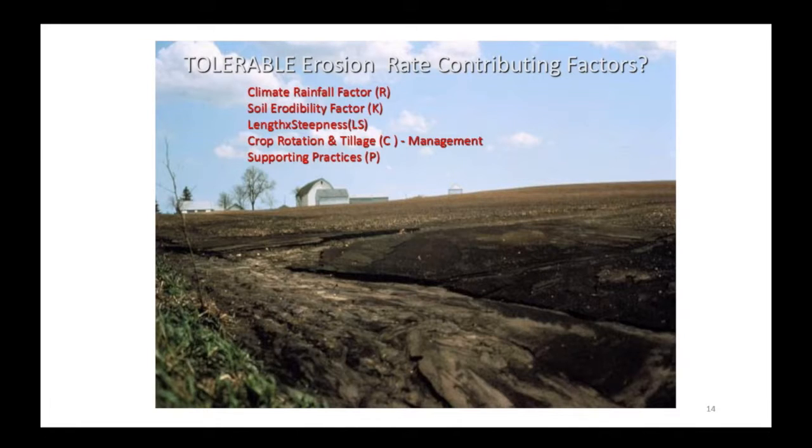The soil erodibility factor, or the K factor, think of it this way. As you move from a clay to a silt to a coarse textured soil such as sand, the erodibility factor is much higher for silt loam soils.